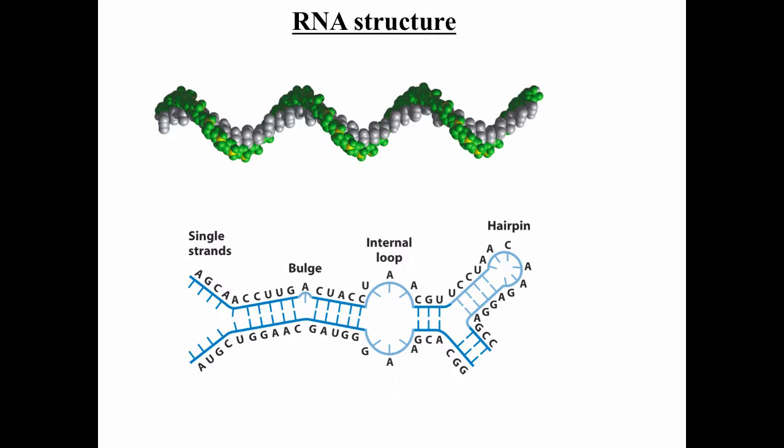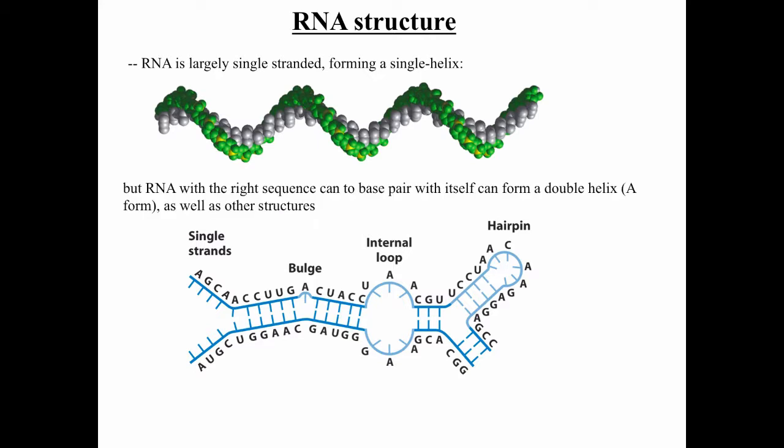Okay, so in terms of RNA structure, for the most part, RNA is largely single-stranded, and it can form a single helix. But if it has the right sequence in the strand, it can self-base pair and form a double helix.